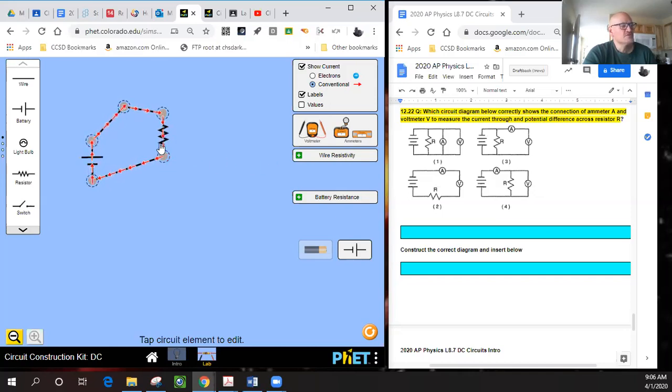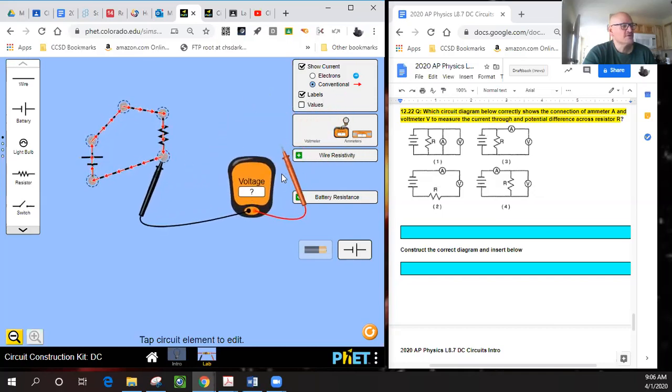So I want to measure the voltage. To measure the voltage, I'll use the voltmeter, put this here and that there, and it measures 9 volts. However, I have to put the ammeter in series. We can probably put the ammeter somewhere before it hits this resistor.